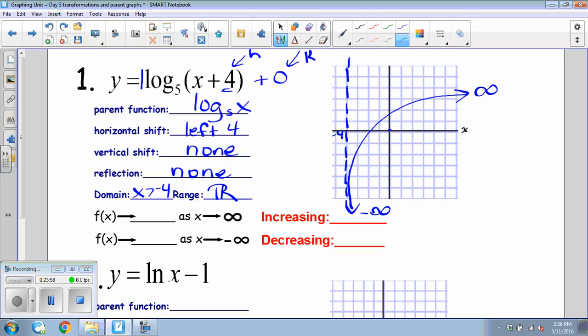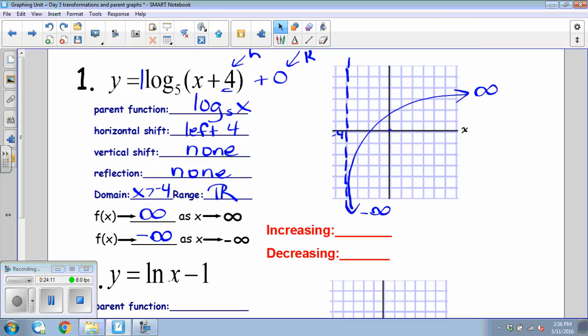As x gets larger, my y values also get larger. As x gets smaller, my y values also get smaller. It's increasing, starting at negative 4, all the way to infinity. And it's never decreasing. Increasing the entire way.